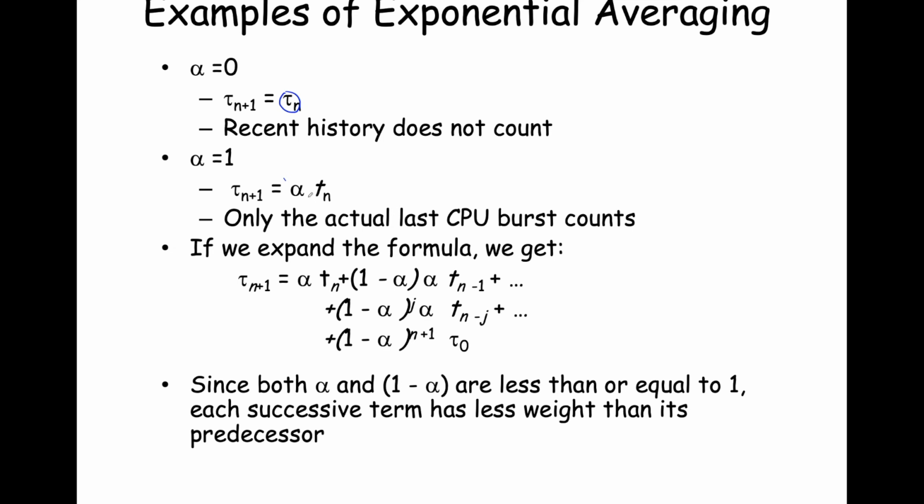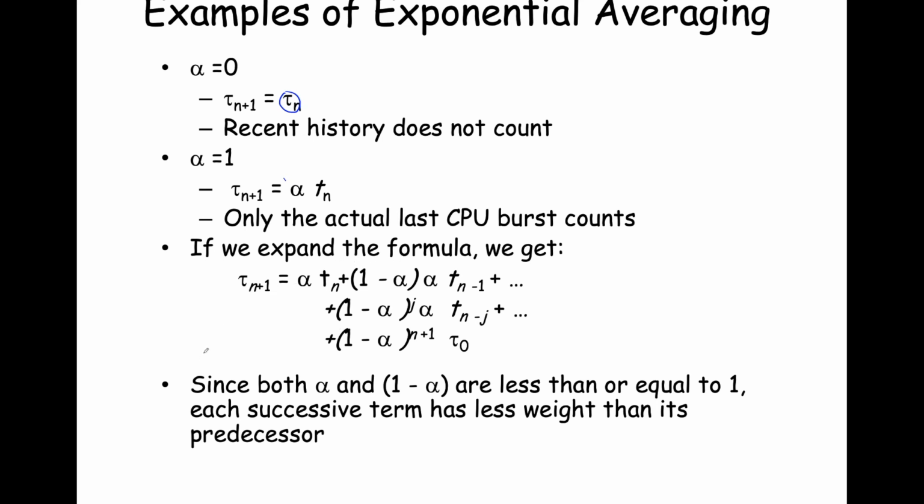And then if you expand this formula, applying it again and again, the next prediction is just the weighted sum: alpha times the previous measurement, plus 1 minus alpha times the previous prediction. And if you keep unrolling this recurrence, you get an exponentiation of this mixture component, which is why it's called the exponential weighted moving average.